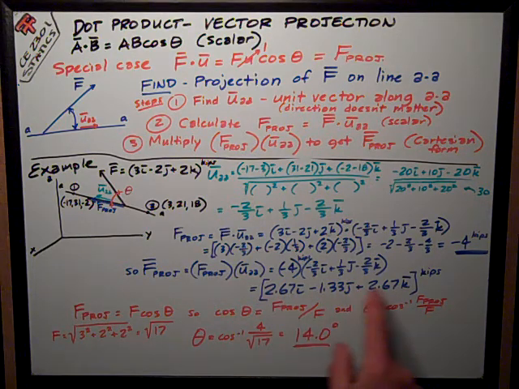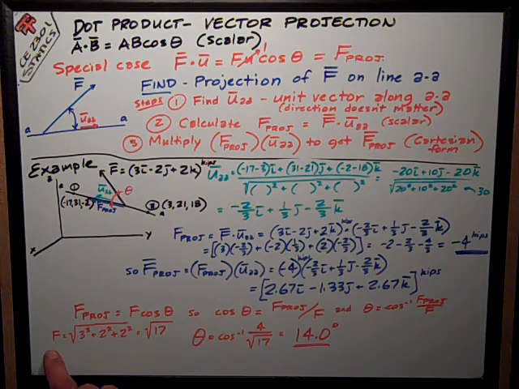Anyway, the square root of the sum of these squares is 4, and I get the scalar value of F just taking the square root of the sum of the squares of its components, 3 squared, 2 squared, and 2 squared, that's the square root of 17. So theta, the angle between them, is equal to the cosine inverse of 4 over the square root of 17, which is 14 degrees.